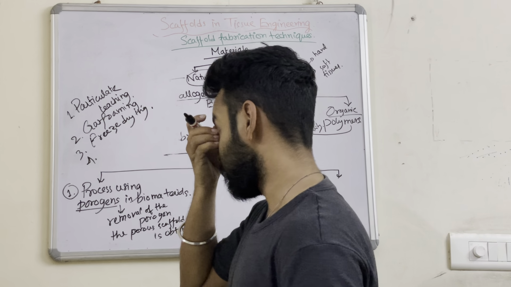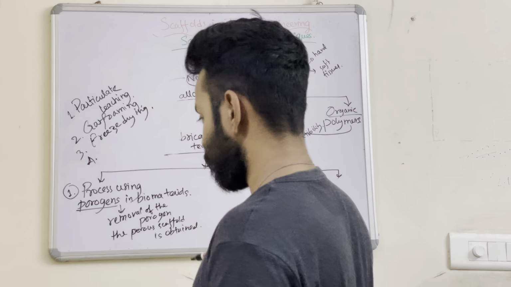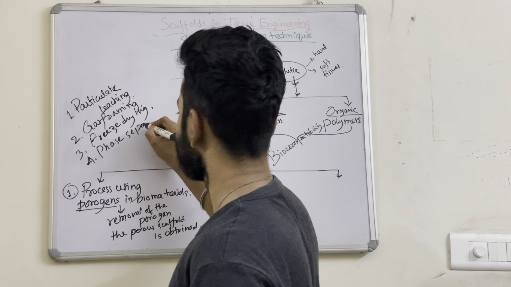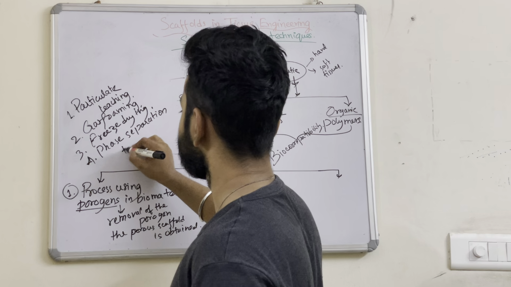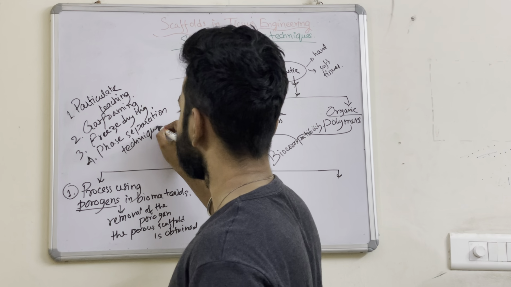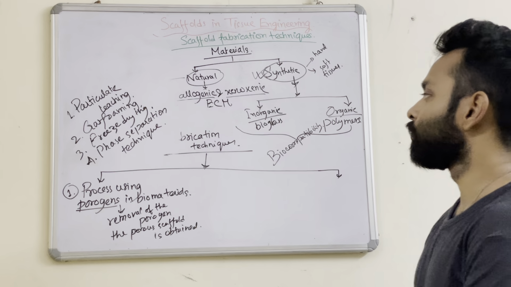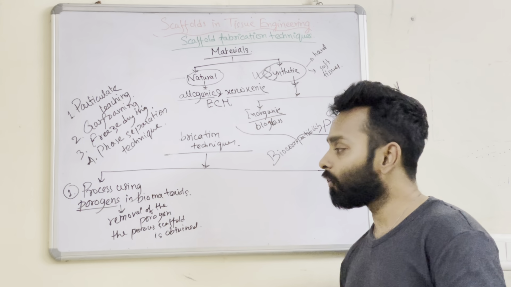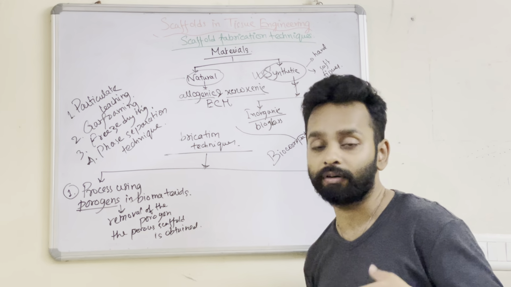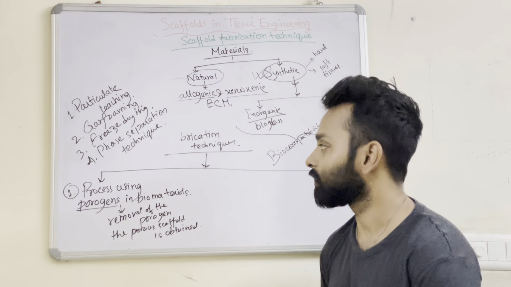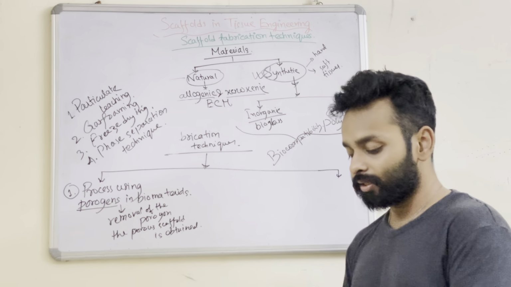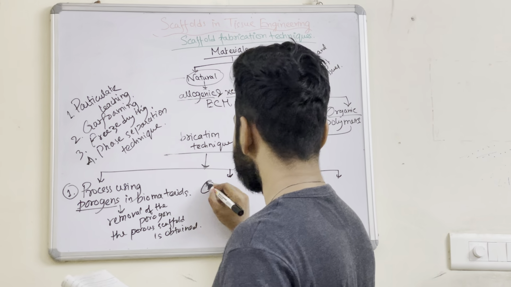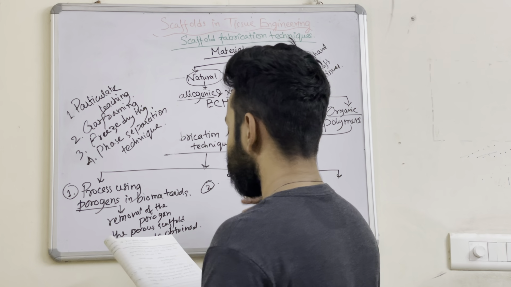And then we have the phase separation techniques. So particulate leaching, gas foaming, freeze drying and phase separation techniques are the common processes which use porogens for creating scaffolds in this approach.